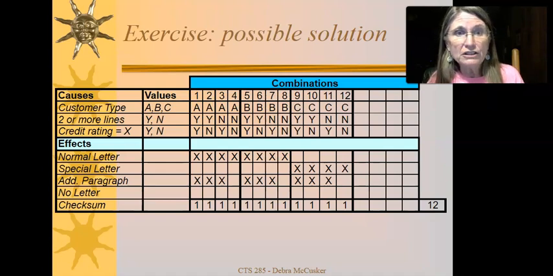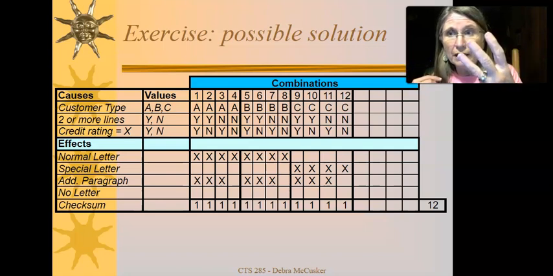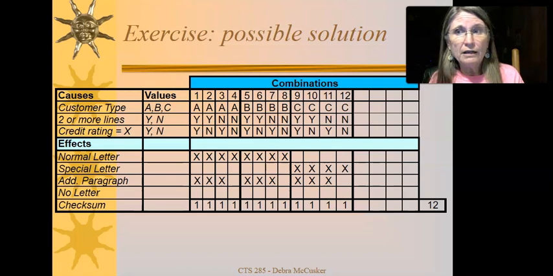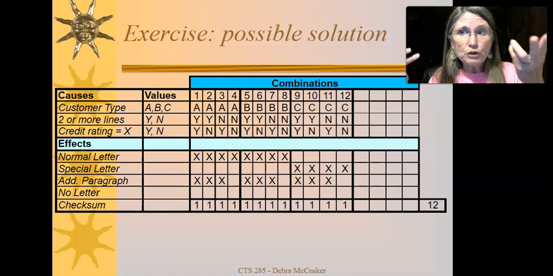So in this case, we had customer types, and we had 3 customer types, A, B, and C. And because the customer type had the most values associated with it, I put it up toward the top of the decision table.